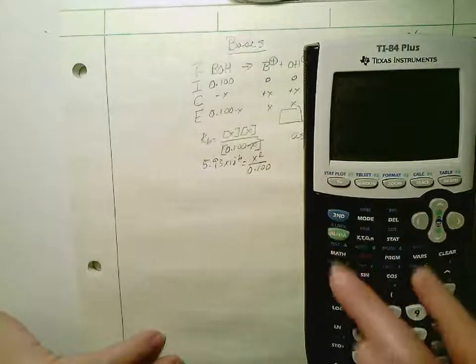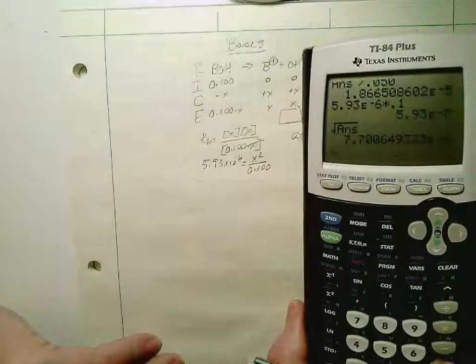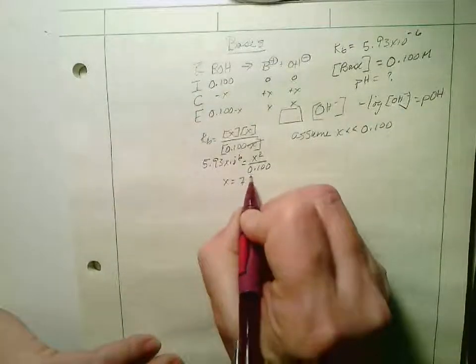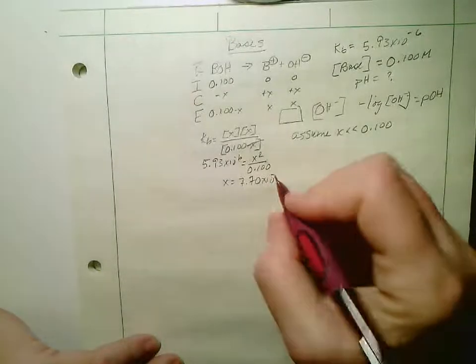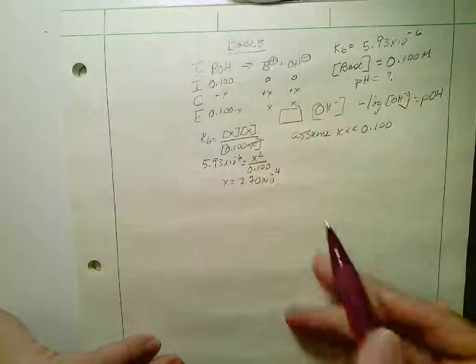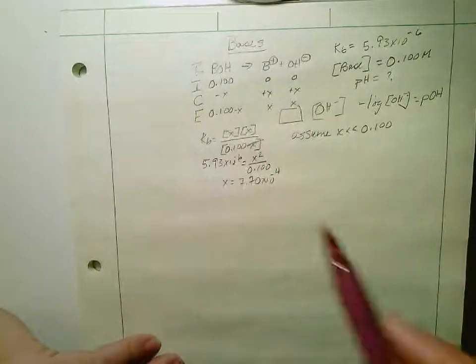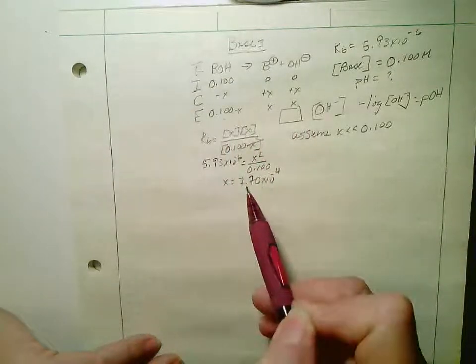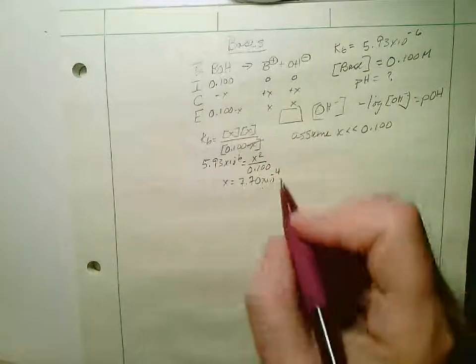So I hit the square root button, and then second answer equals, and I get 7.70 times 10 to the negative 4th. If you want to go back and check your assumption, subtract the answer you got from 0.100 and see if the significant figures change at all, and they do not.